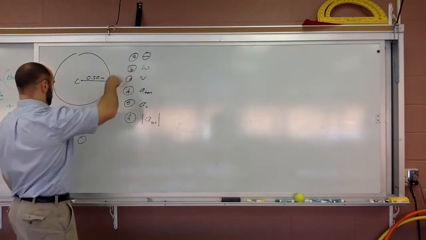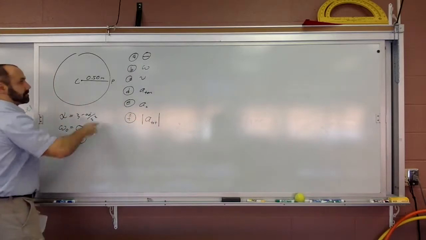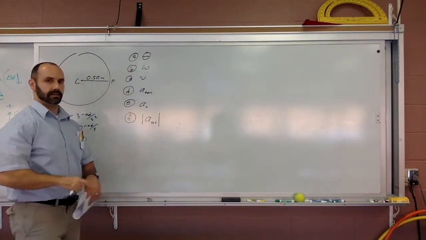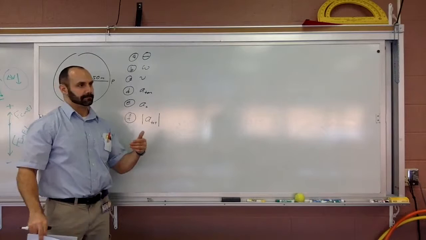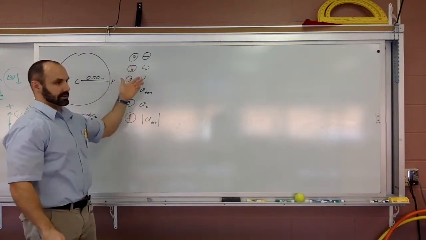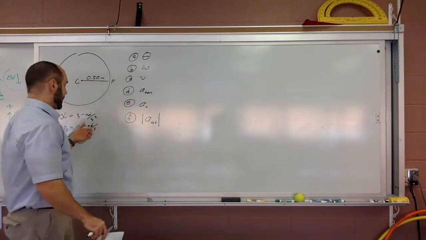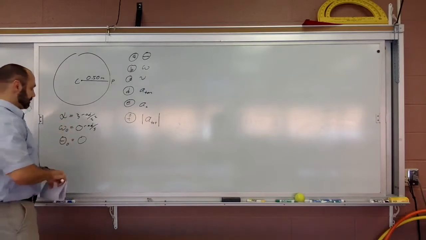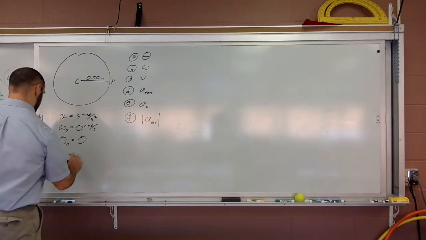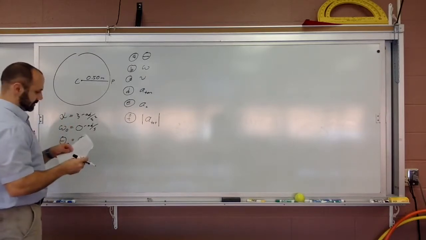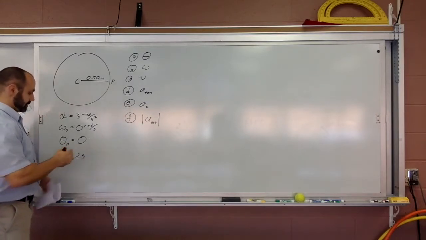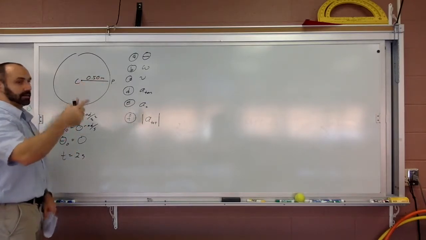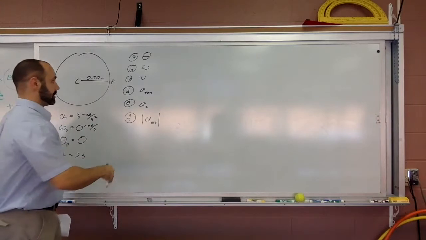These are the things I know, and this is the given information. So think about it this way. If you wanted to find position at some later time, and you had acceleration and you had time, right? I know the time I'm looking for is at 2 seconds. Is that right? And I want to know the position at some later time based on the acceleration and the initial velocity and all that stuff.